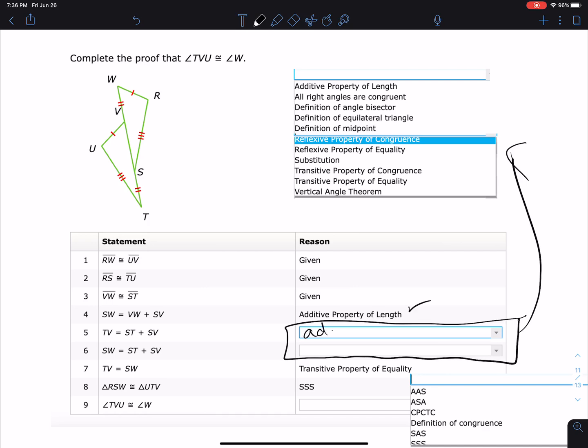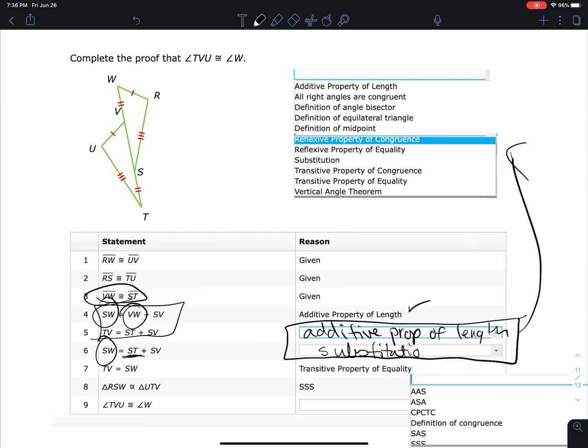So this is going to be another additive property of length. Okay, and then what they're always going to do next is they're going to take these 2 equations and somehow merge them using a substitution. So like SW is staying, VW got swapped out for ST. How? Here, because they're congruent. And then SV stayed. Okay, so that was just a single substitution.